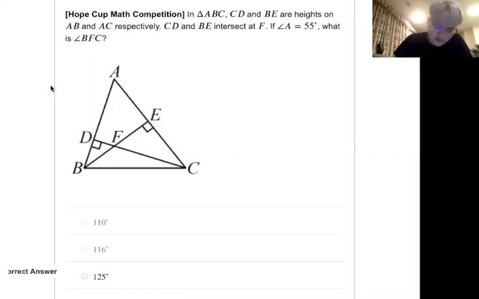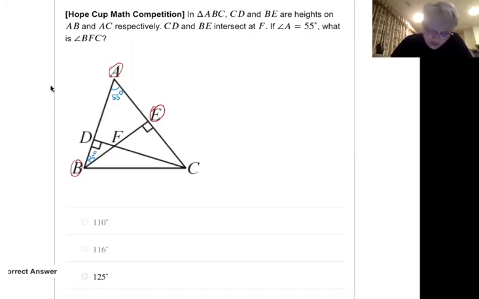So knowing that angle A is 55, by looking at the right triangle ABE, we can get that angle DBF is 90 minus 55, which is 25 degrees.